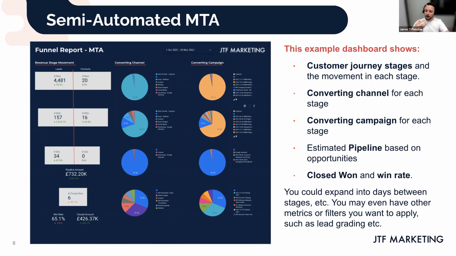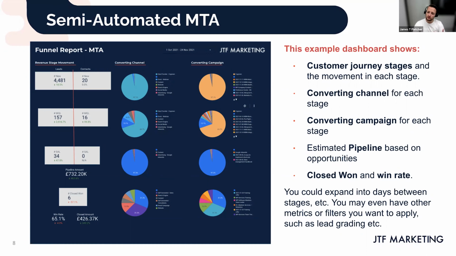And all of this combined, even if you add in some more context, like number of days between different stages, will help you then build a predictable marketing model to say, okay, if I go and spend $500,000 on this campaign, I'm expecting to generate $1 million in business. Because X, Y, Z, these are the conversion rates between the stages, or these are the number of days that it's going to take before we close that business. That would be great, right?